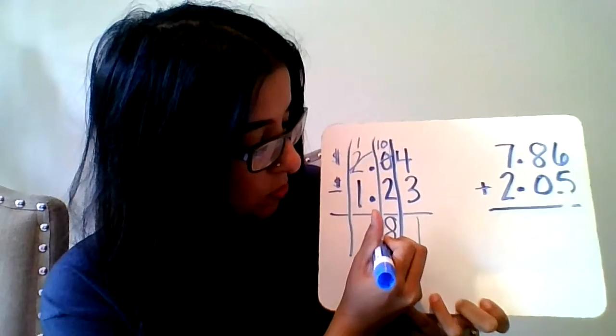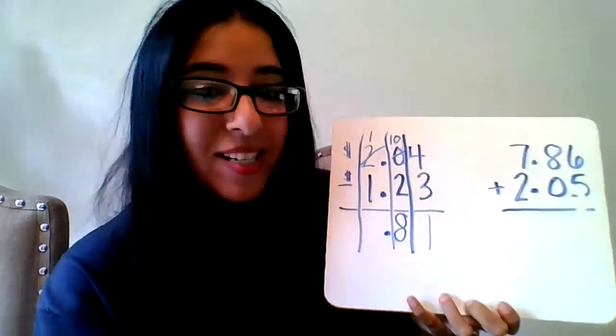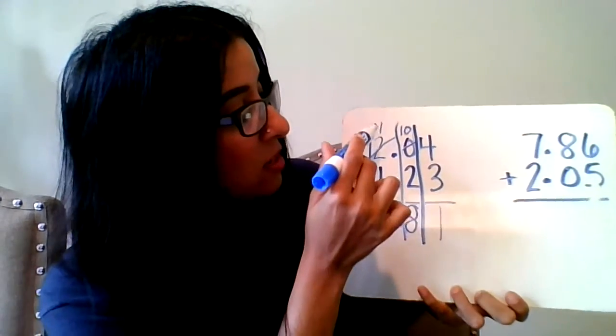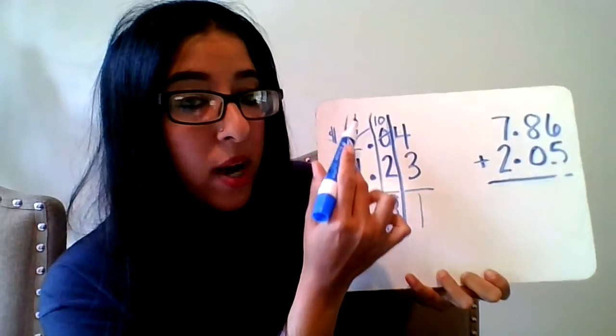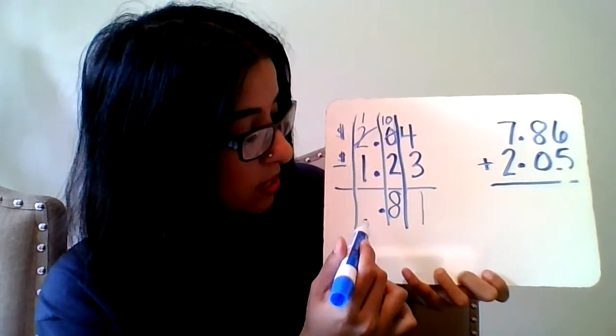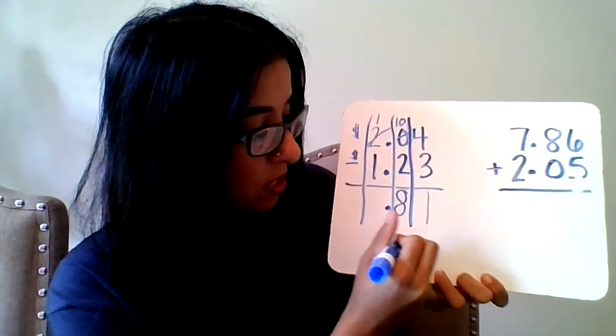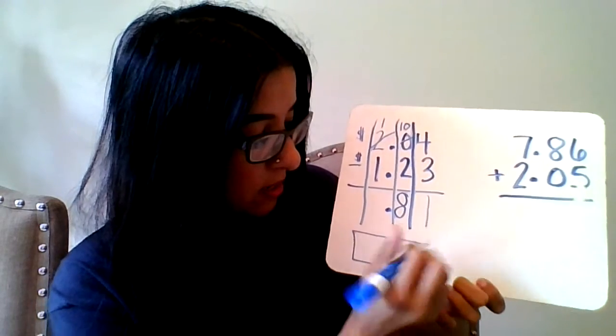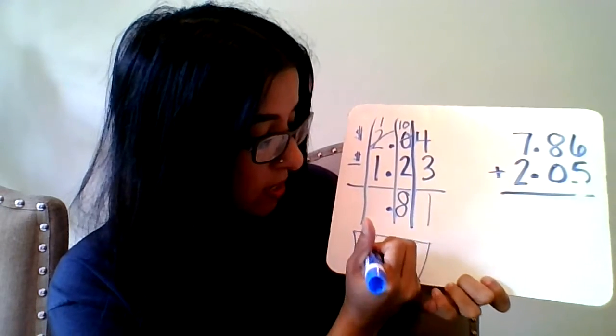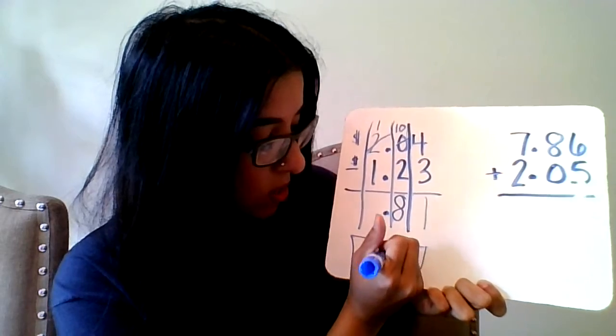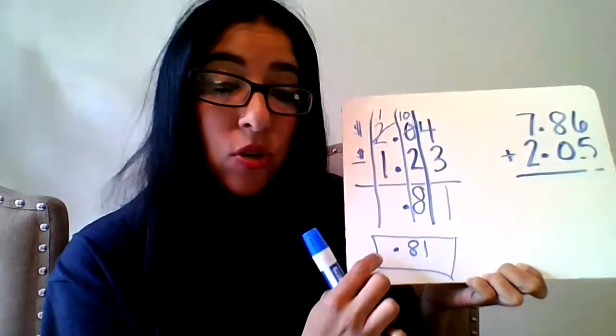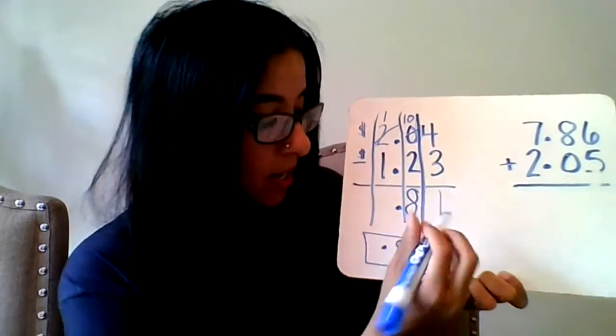So I'm going to go ahead and just bring that decimal down so that it stays in the correct place. And then since we borrowed here, we only have a 1 minus 1 equals 0. So the answer for this one is 0.81. And since there's no dollar over here, we're only working in cents.